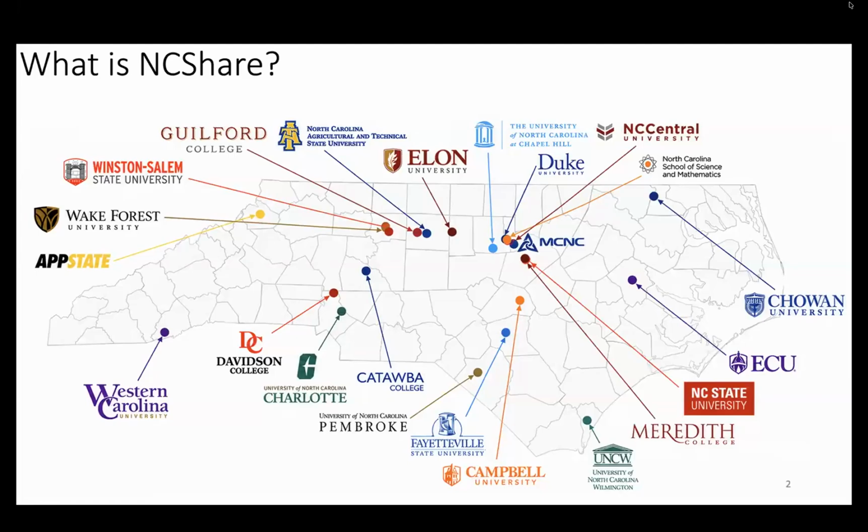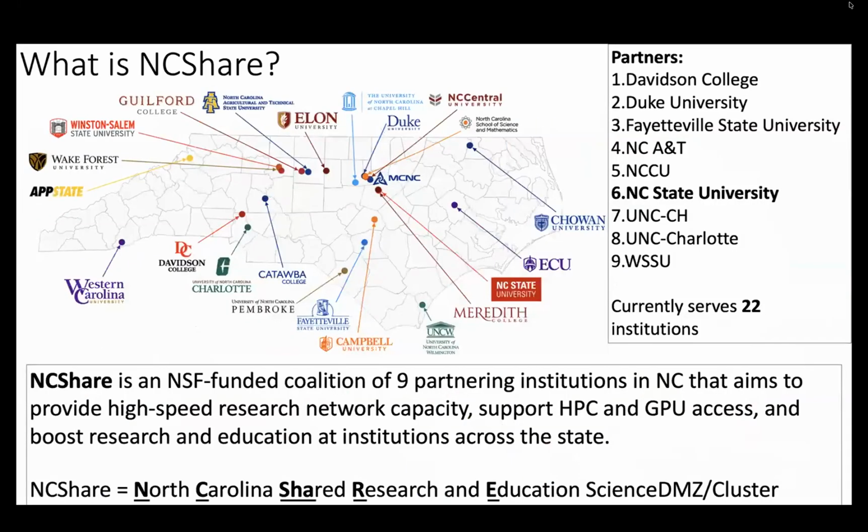All right. So show of hands of folks who have heard of NC Share before. All right, there's a few. Who has an NC Share account? Okay, there's a few more hands in there. So what really is NC Share? NC Share is an NSF-funded coalition of 9 partnering institutions across North Carolina that aims to provide a high-speed network for research purposes and also support HPC and GPU access.